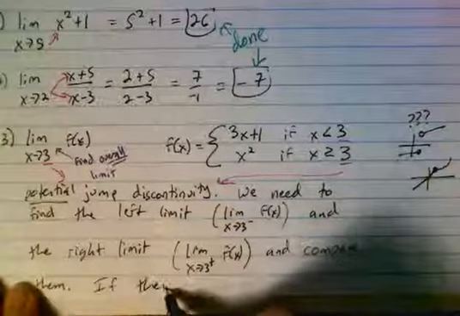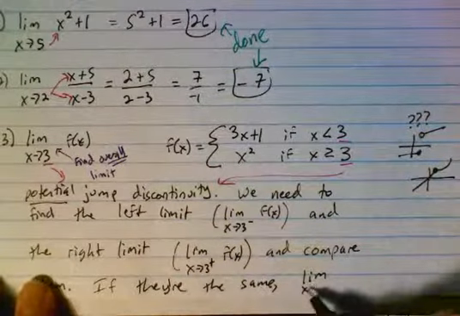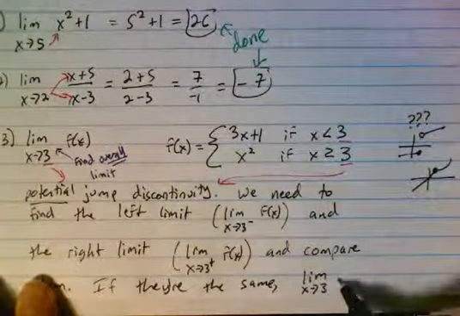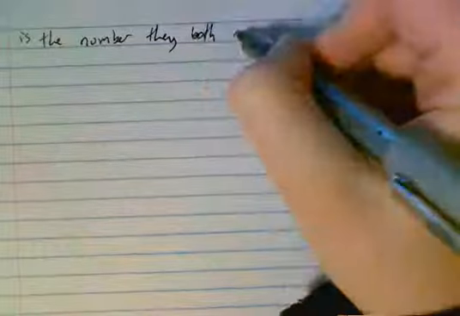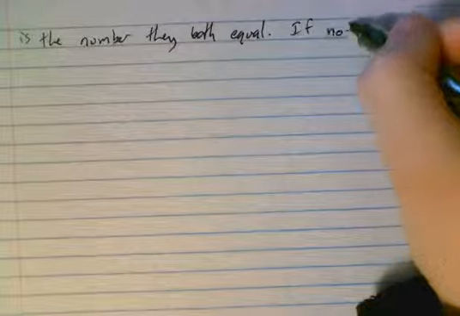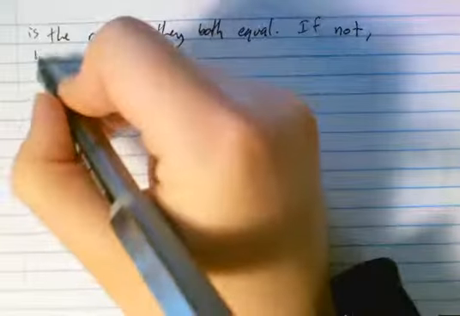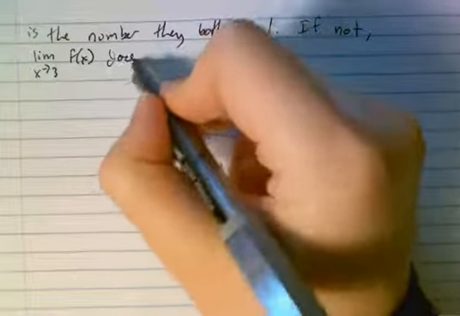So if they're the same, the limit as x approaches 3 with no little plus or minus of f of x is the number they both equal. If not, if they don't match, limit as x approaches 3 of f of x does not exist.